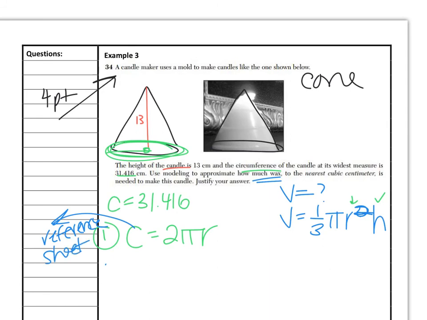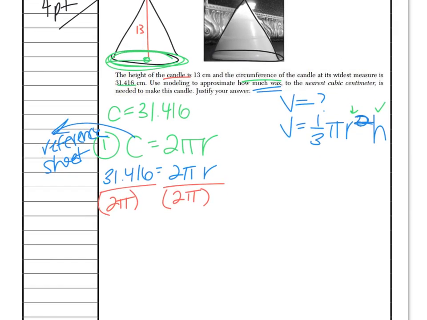All right, so 31.416 equals 2 pi times radius. So again, when I divide by anything with pi, put it in parentheses, or do it in 2 separate steps. So we have r equals what comes out to be 5.0000, and then there's other things after that, but this is pretty much 5, right?